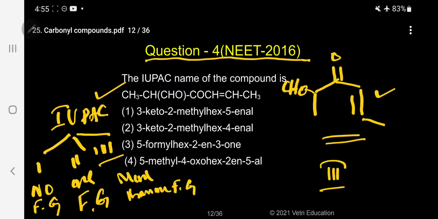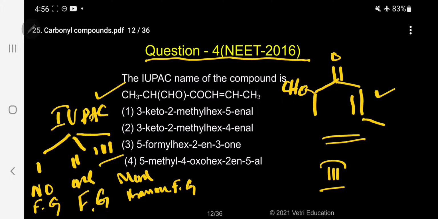I have already discussed this in my basic concepts of organic chemistry; I have given the seniority table. What is the correct seniority table? First priority carboxylic acid, then sulfonic acid, anhydride, ester, amide, acid halide, cyanide, aldehyde, ketones, amines, alcohol, etc. The order should be memorized.